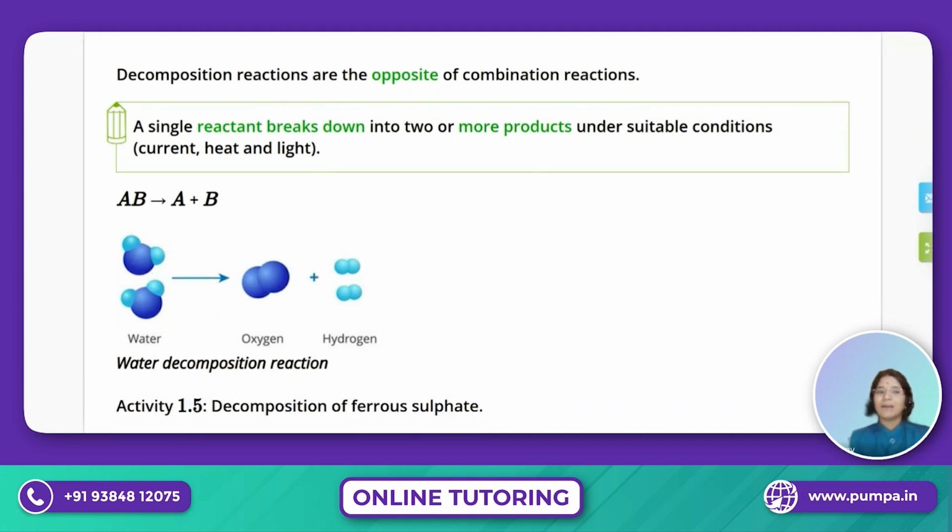Okay. So a decomposition reaction is nothing but, we take a single reactant, and when it breaks down into two or more simpler products, we consider it a decomposition reaction.